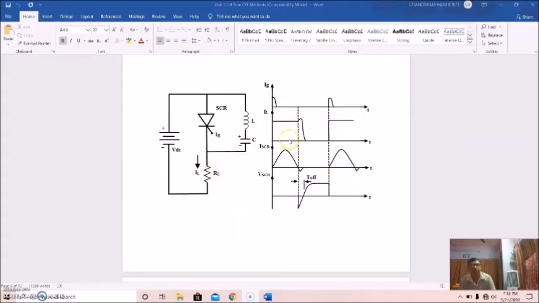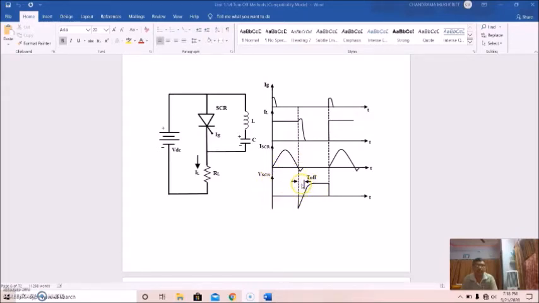So this total phenomenon is explained here in this waveform. This is the gate voltage waveform. This is the load current. This is the thyristor current. And this is the thyristor voltage.